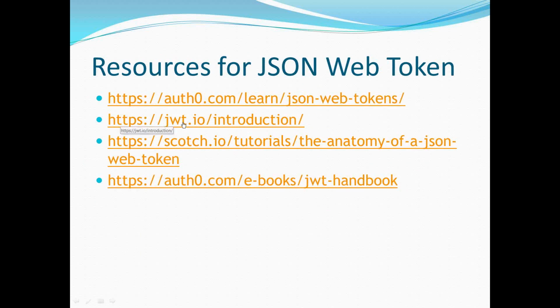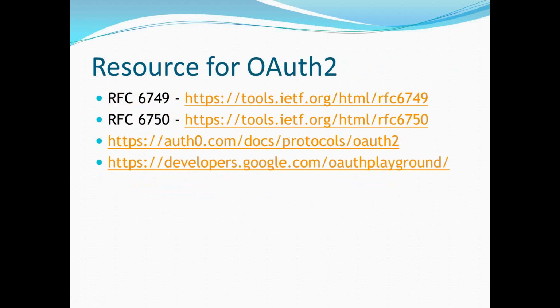Again, we went to JWT.io before, and Auth0 has an ebook that you can download. It has a very detailed description of JSON Web Token, because Auth0 uses JSON Web Token very extensively. And lastly, this is for OAuth2. If you're interested, look at these two RFCs.